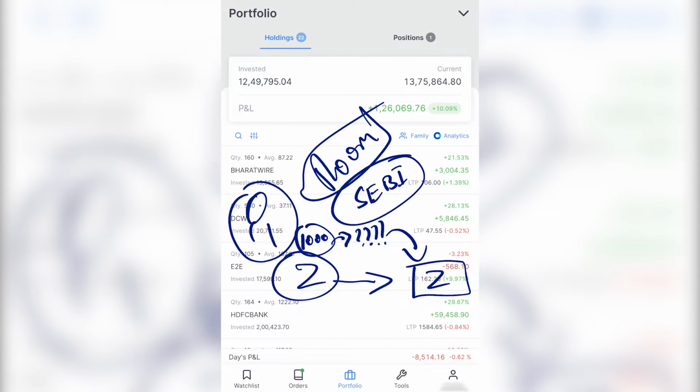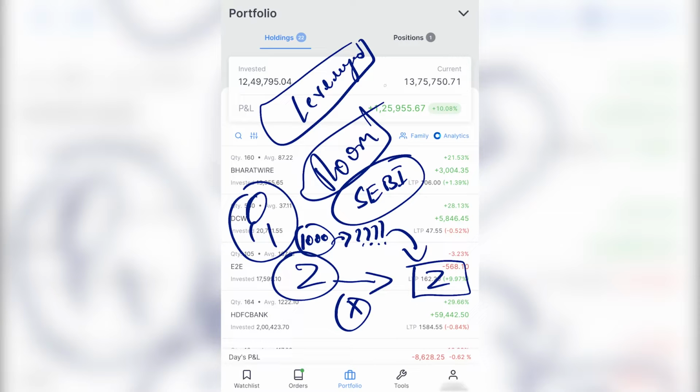Because of circuit limits, volatility, and various other controls I have, I know that even if you invest a certain amount, you can't lose more than a certain percentage in a day. So by allowing Ram to do a bigger trade, I can make more fees, Ram can take a bigger trade, and more activity can happen. Such trades are called leveraged trades, and it's very common in the intraday market and even F&O.